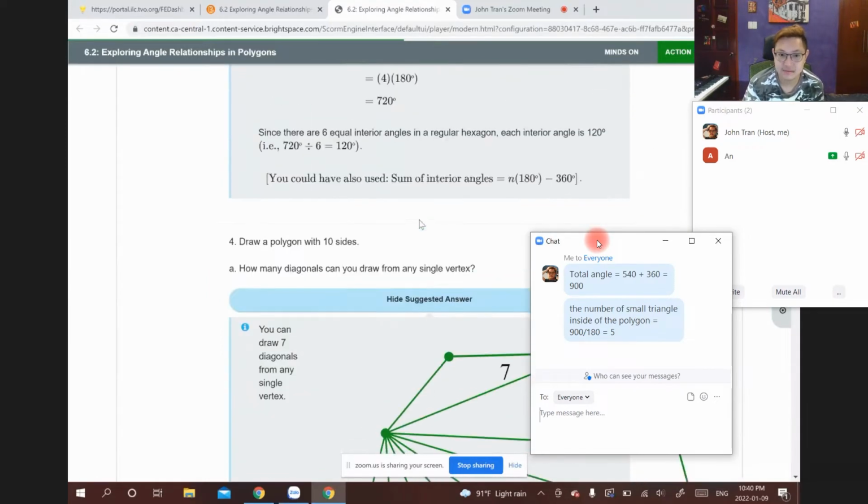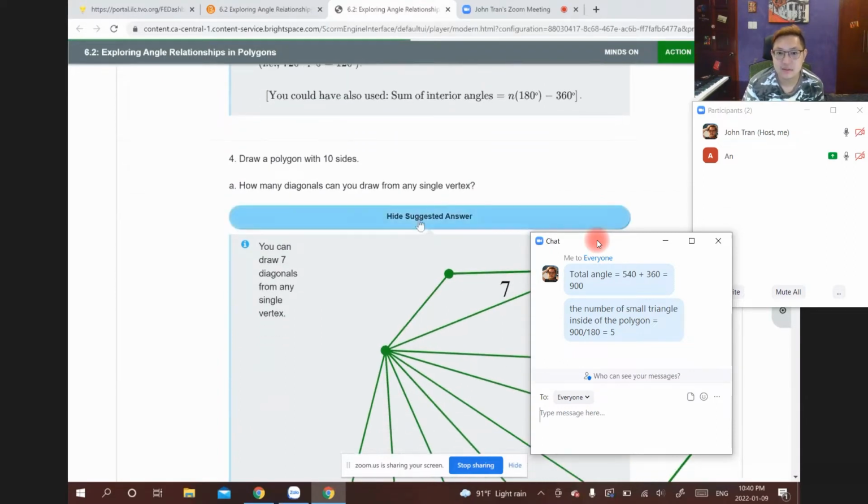From any single vertex, you can draw 7 diagonals. That's what I asked you. What is a vertex then?